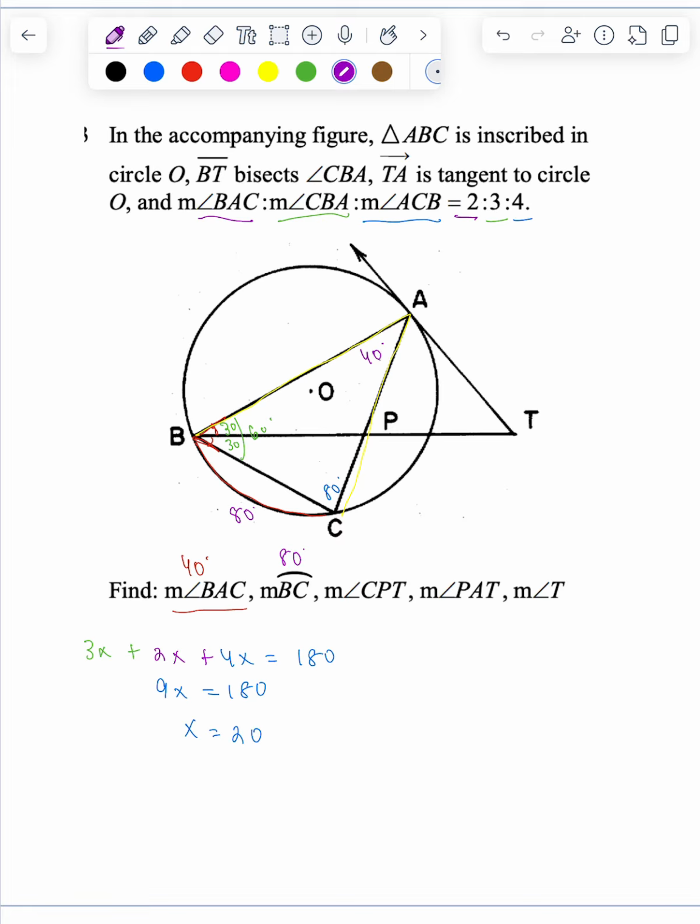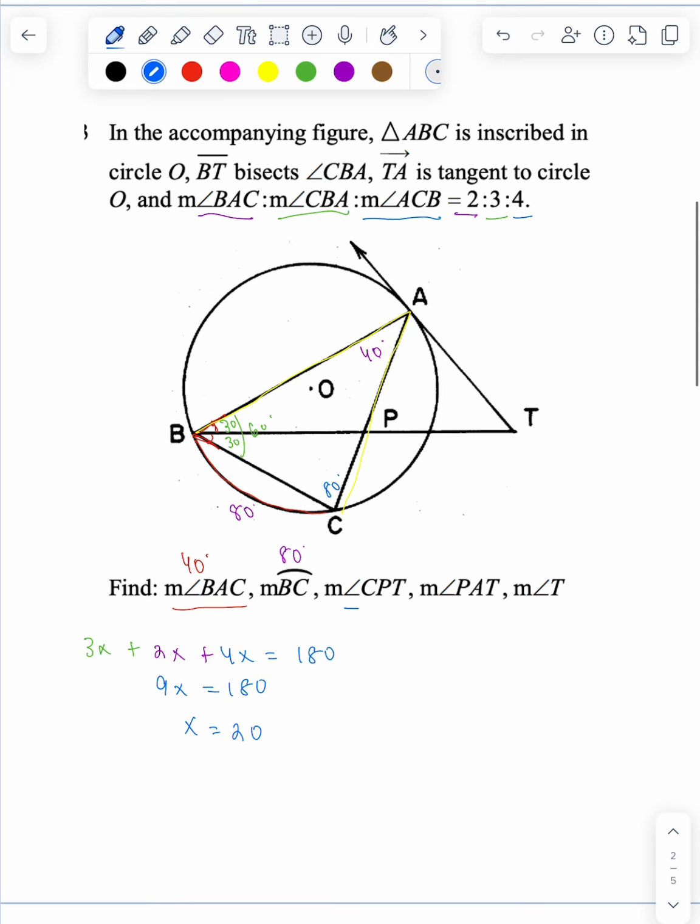Now the question is asking us to find the measurement of angle CPT. So it's asking us to find basically these vertical angles because they're both the same. And they're formed by intersecting chords AC and BP.